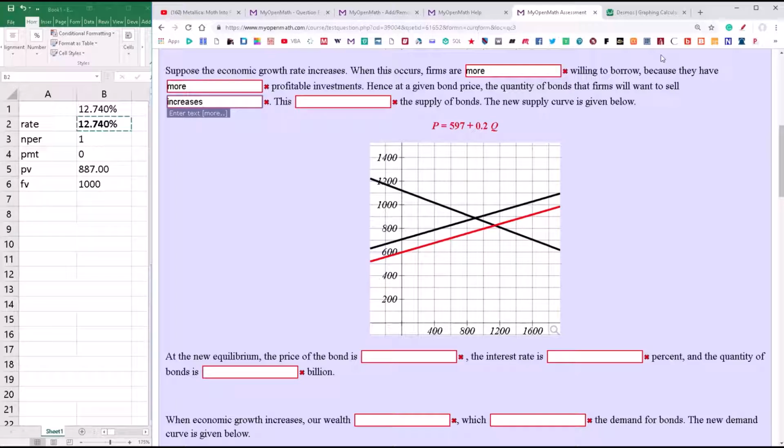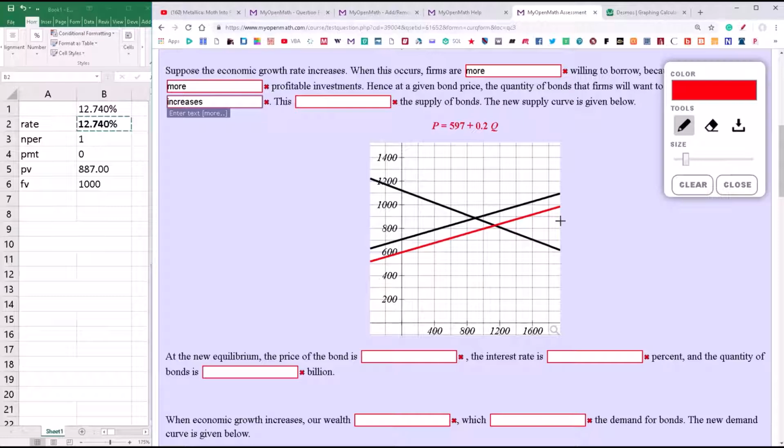So we're holding the price constant. When we hold the price constant, we're holding the interest rates constant, right?